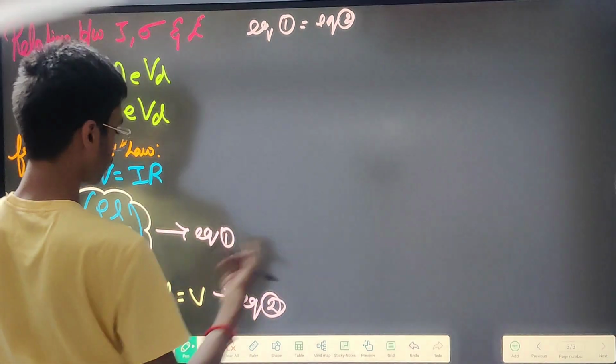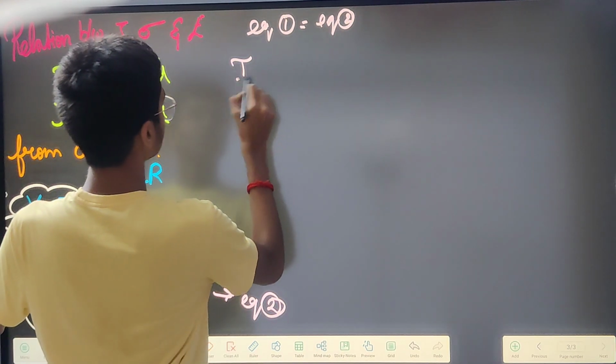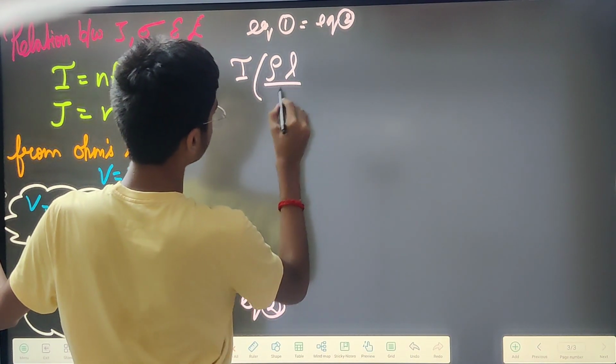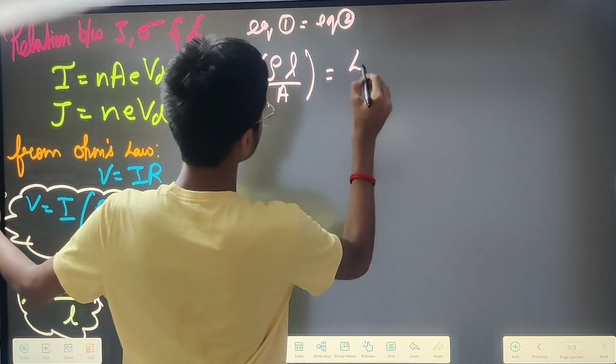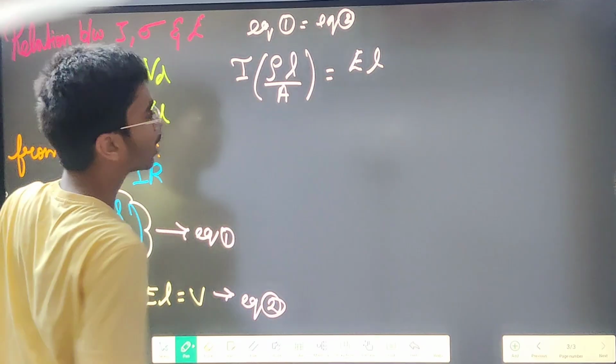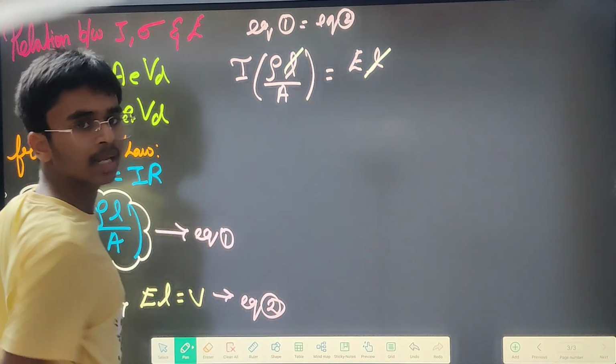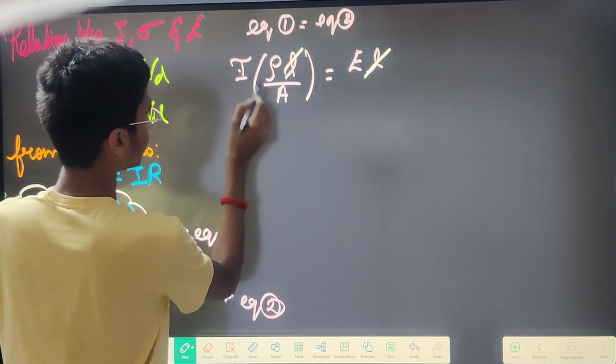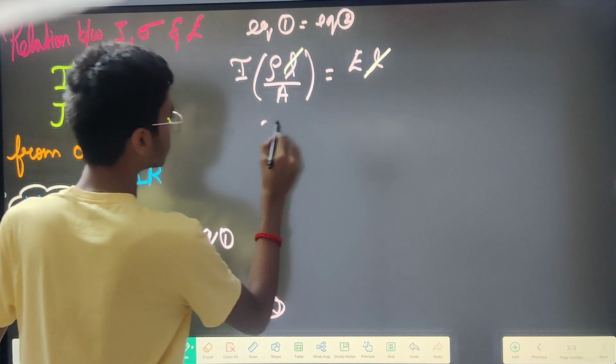So I into rho L by A is equal to EL. L can be cancelled out. I by A is equal to what? I by A is J, right?